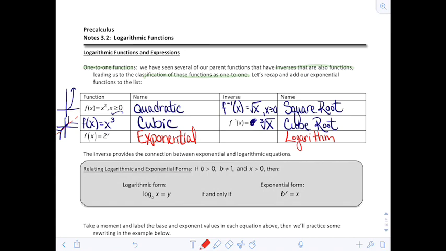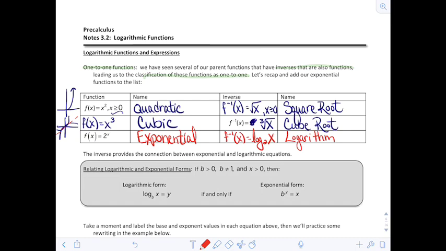In particular, if we have 2 to the x as an exponential, my inverse would be the log base 2 of x. Okay, and we're going to look at what those graphs look like and all of their characteristics in just a little bit. So the inverse provides a connection between exponential and logarithmic functions. Exponentials and logarithmic functions are absolutely inverses of each other.